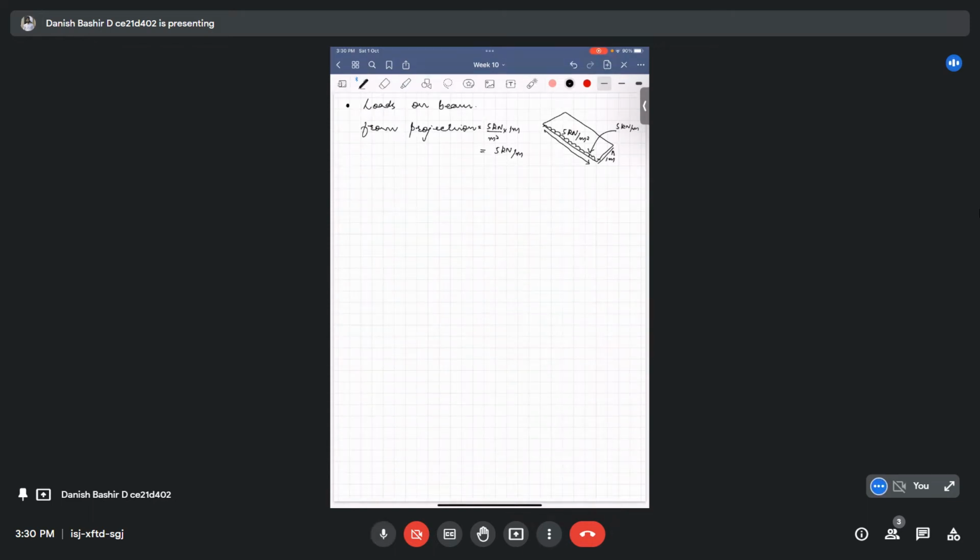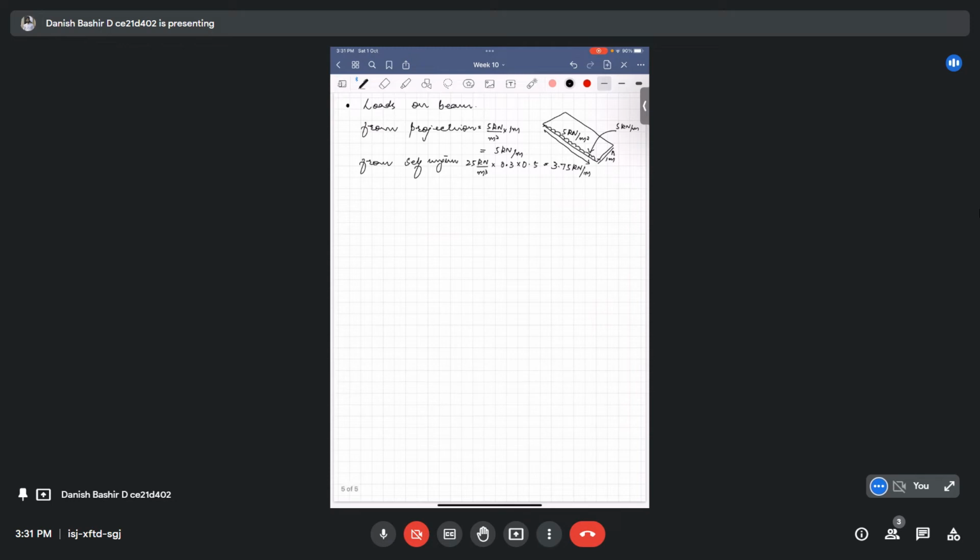This 5 kilonewton per meter will now come on the beam directly. From self weight, it will be 25 kilonewton per meter cube unit weight multiplied by beam dimensions, 0.3 meter width and 0.5 gross depth. This comes out to be 3.75 kilonewton per meter.